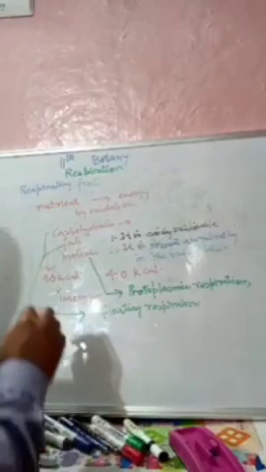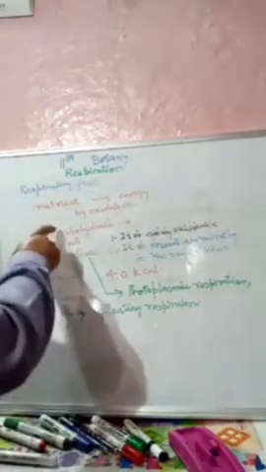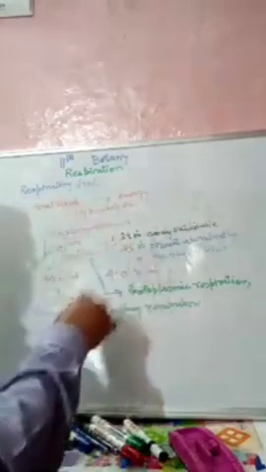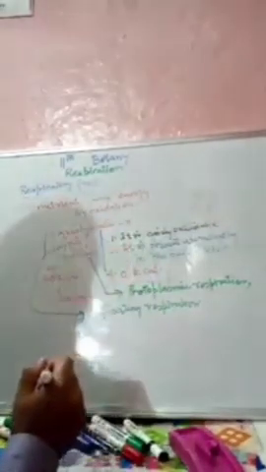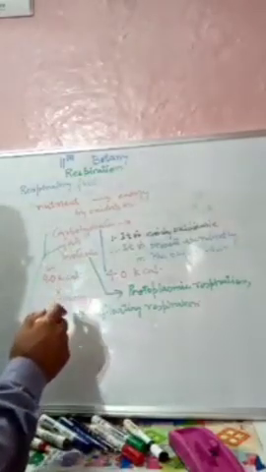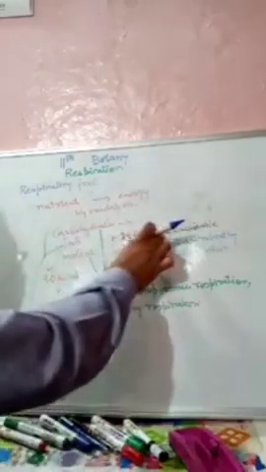The fuel value of carbohydrate is 4.0 kilocalories, while that of fats is 9.0 kilocalories, but fats are not good respiratory fuels because they are not easily oxidizable and have less oxygen.